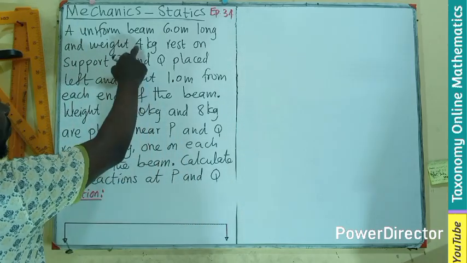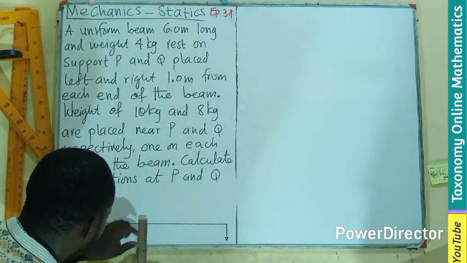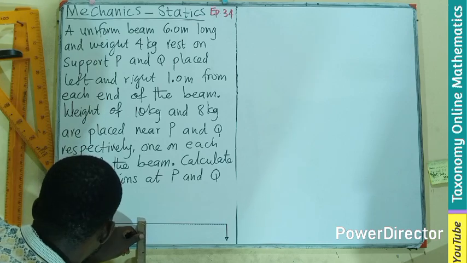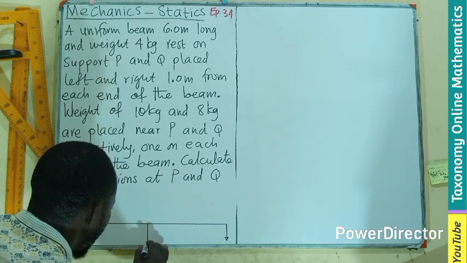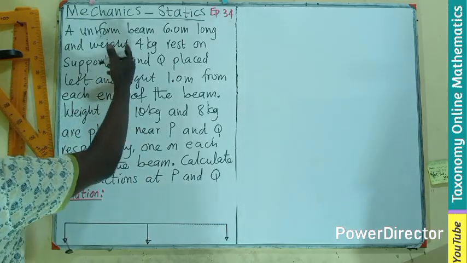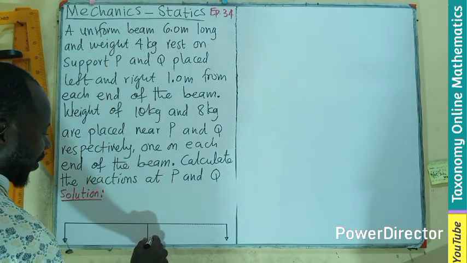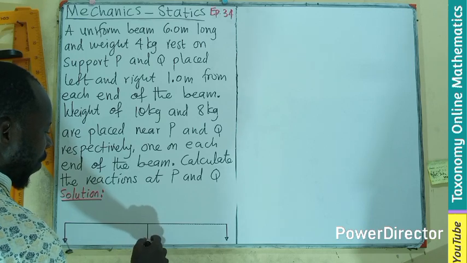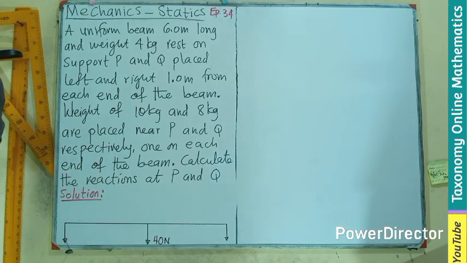Then the weight of the beam is always at the central part of it, the center of the beam, so the weight is coming down. We have been told it is 4 kg. Weight is m times g, so when I multiply, I should have 4 times 10. That's 40 Newton.